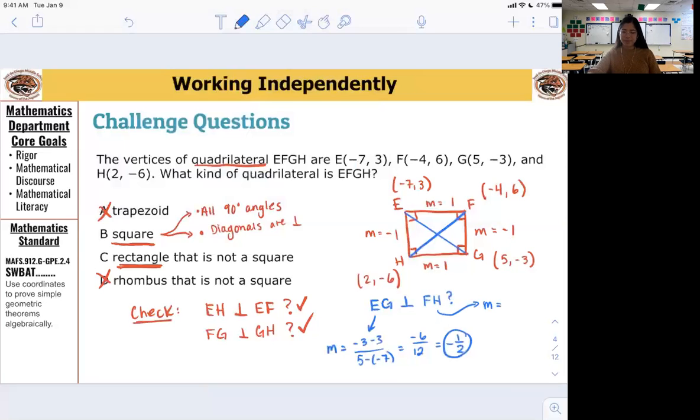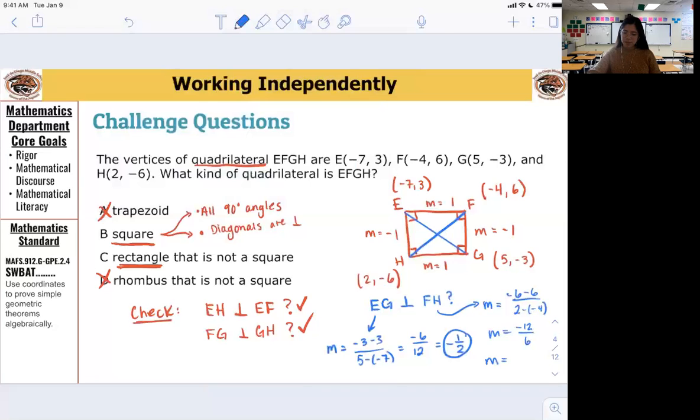What do I plug in here? FH, -6 minus 6 over 2 minus -4. Okay. -6 minus 6. -12. 2 minus -4. 6.